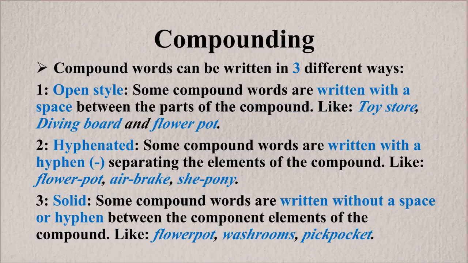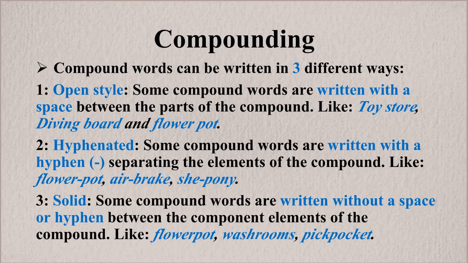Compound words are written in three different ways in the English language. First is open style. Some compound words are written with a space between the parts of the compound, like toy store, diving board, and flower pot, as space can be seen in the two components of each word. Second is hyphenated style. Some compound words are written with a hyphen mark separating the elements of the compound, like flower-pot, air-brake, ship-oni.